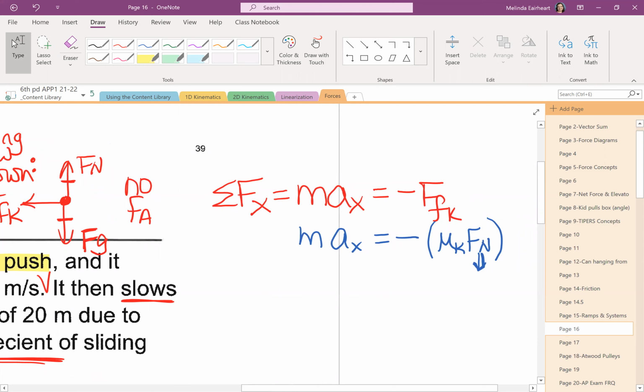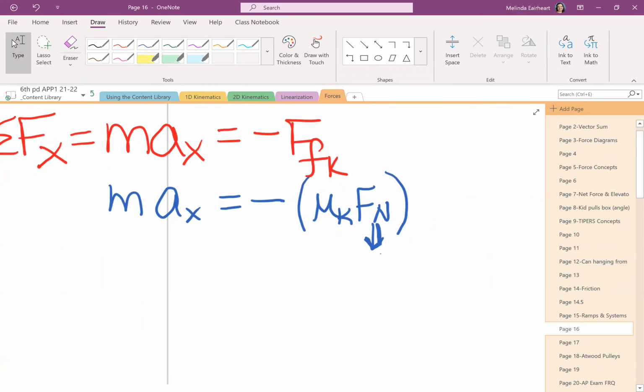Normal force is also equal to the gravitational force. We had one down force, gravitational. We have one up force, normal, and there is no applied force. No, there's no other vertical pieces to it. And so we can plug in for Fn, Fg.